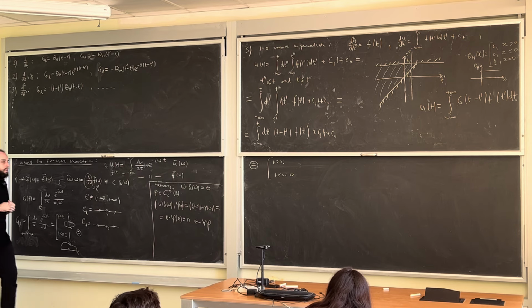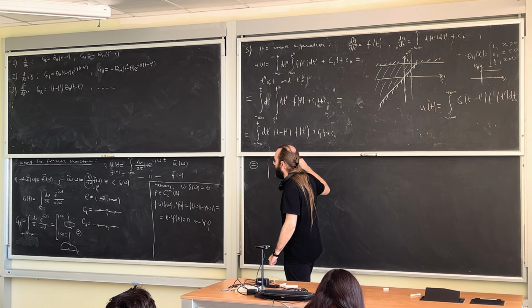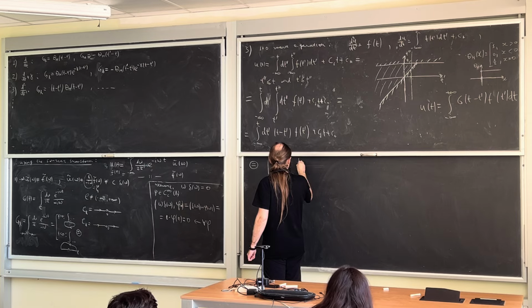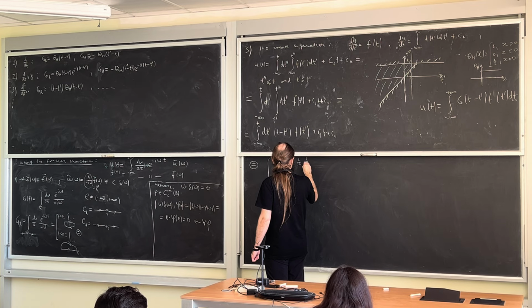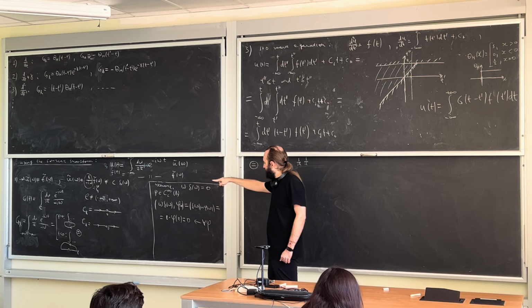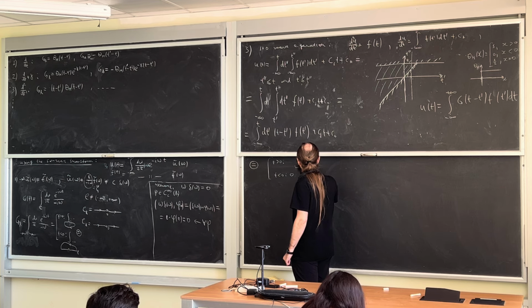Yes, this one is obtained in the following way. We have 1 over 2 pi, 1 over minus i. Those are factors in the original integral.